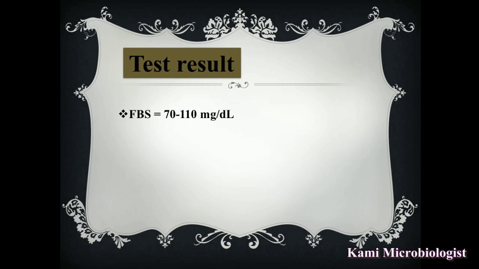Let's see the test result. Dear viewers, in the test result, as we see, the glucose level of the FBS should be 70 to 110 mg per deciliter. If you see that the glucose is between 70 to 110 mg per deciliter, then it is okay.